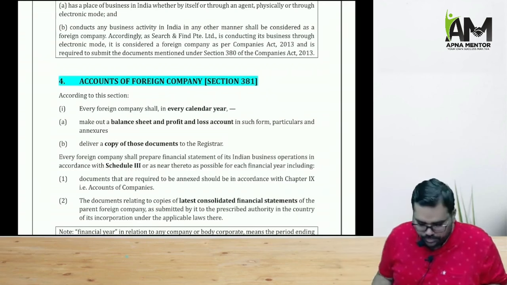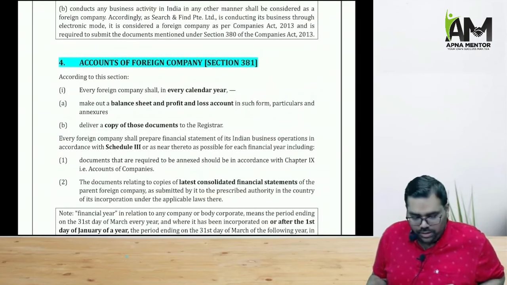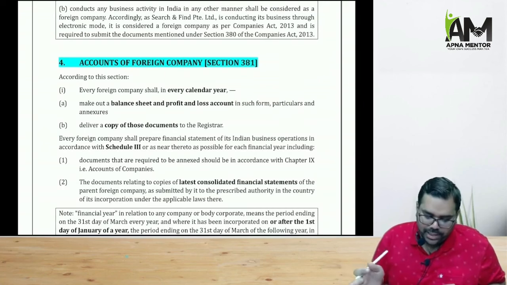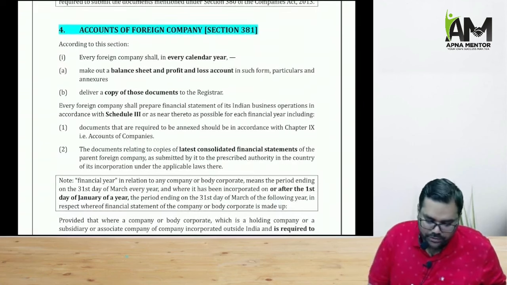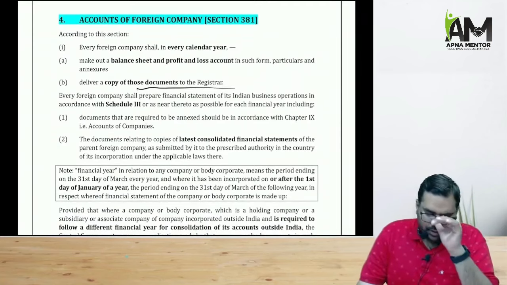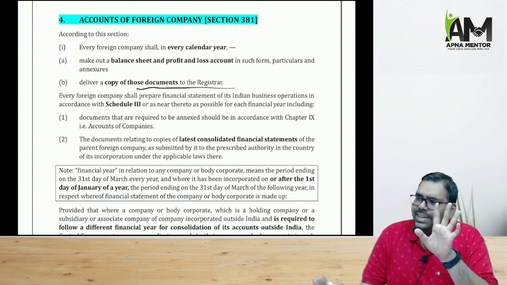Right. So every foreign company shall in every year make out a balance sheet and profit and loss account in such form, particulars and annexures, and deliver a copy of these documents to the ROC. It says, you also make accounts as per Schedule 3, but only in respect of Indian business.